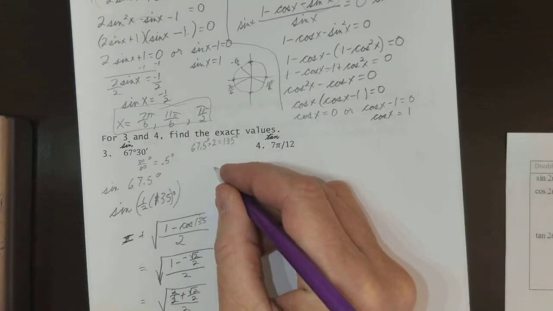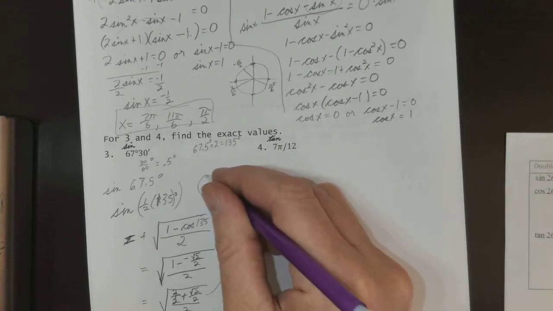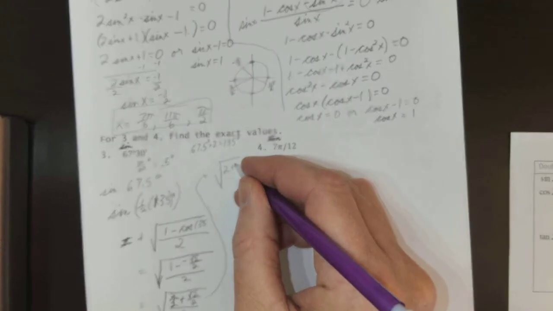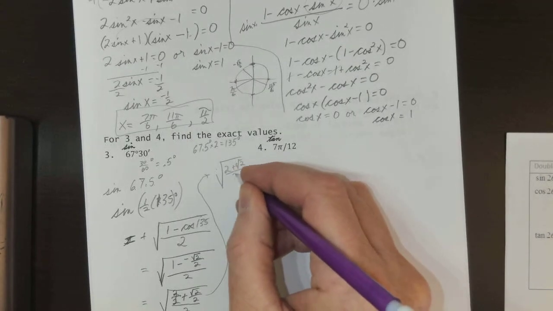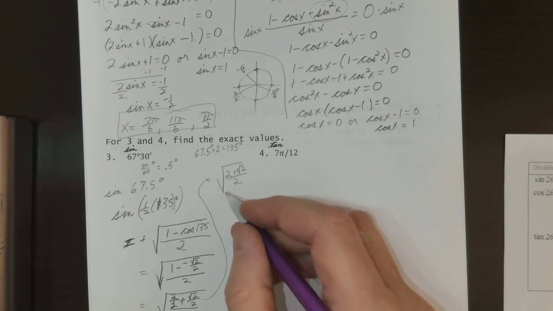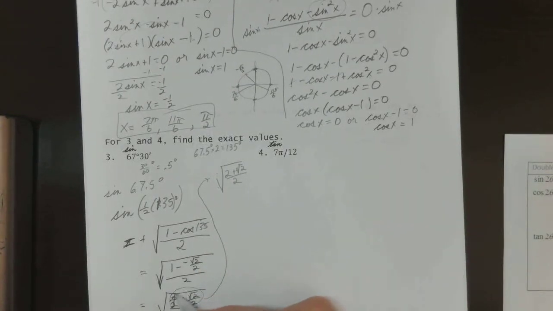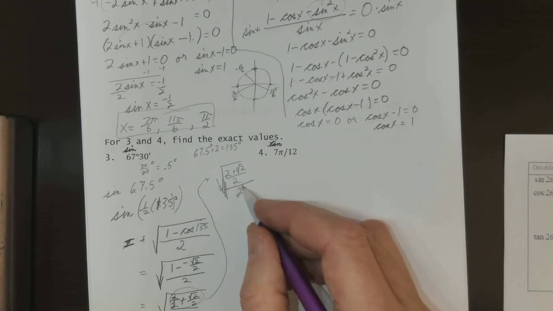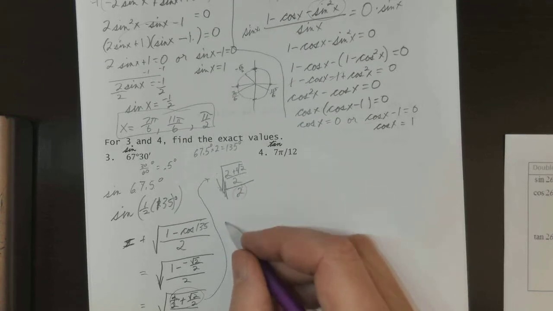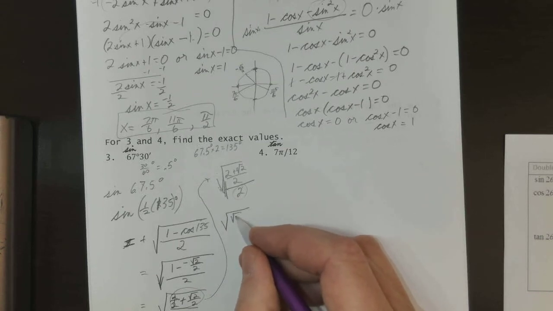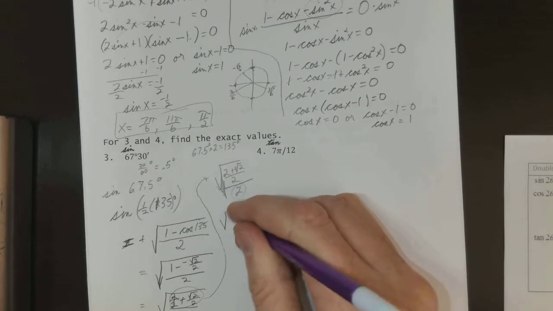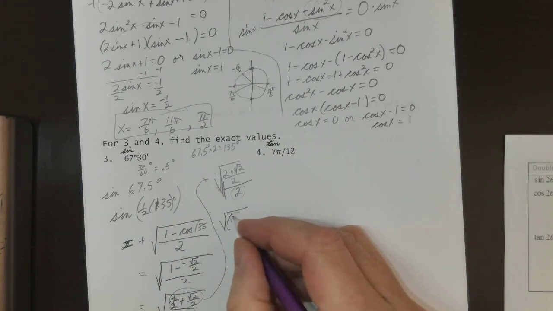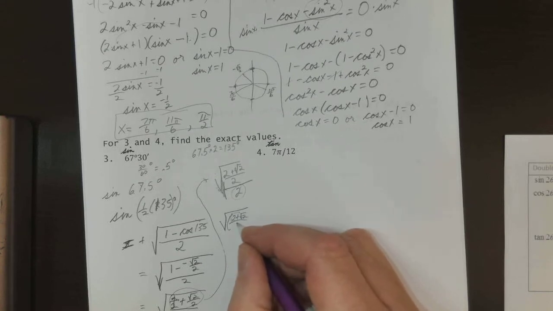So I have square root of 2 plus square root of 2 over 2. That's the numerator, and that is over 2. And that's dividing by 2, so I'm going to just multiply that by 1/2. So I've got 2 plus the square root of 2 over 2, there's my numerator.